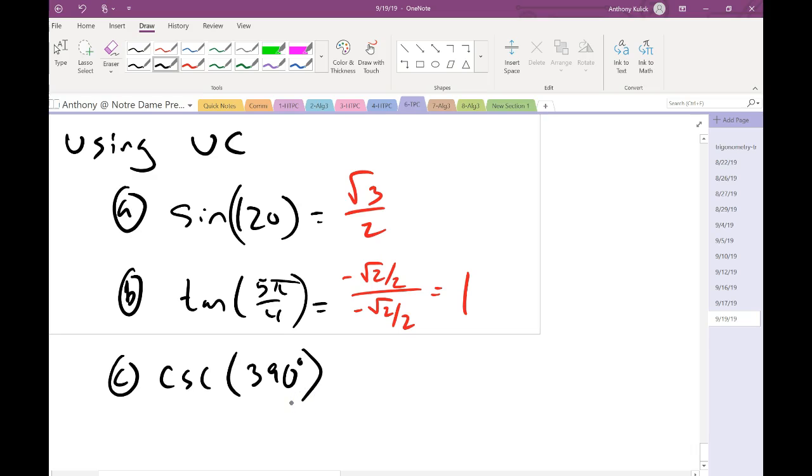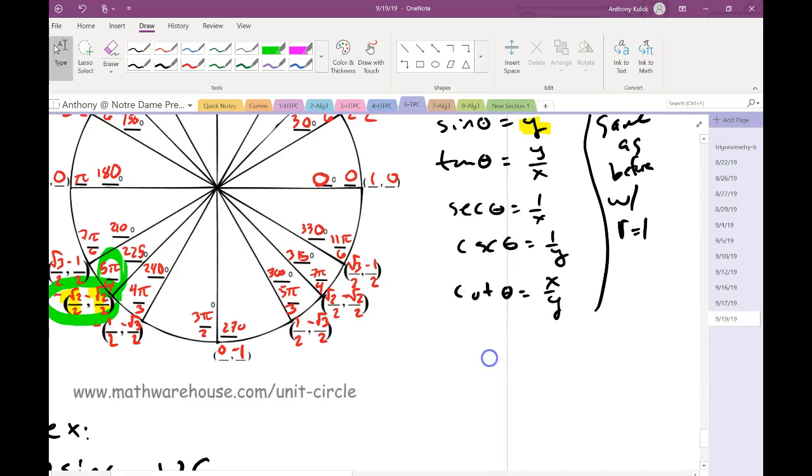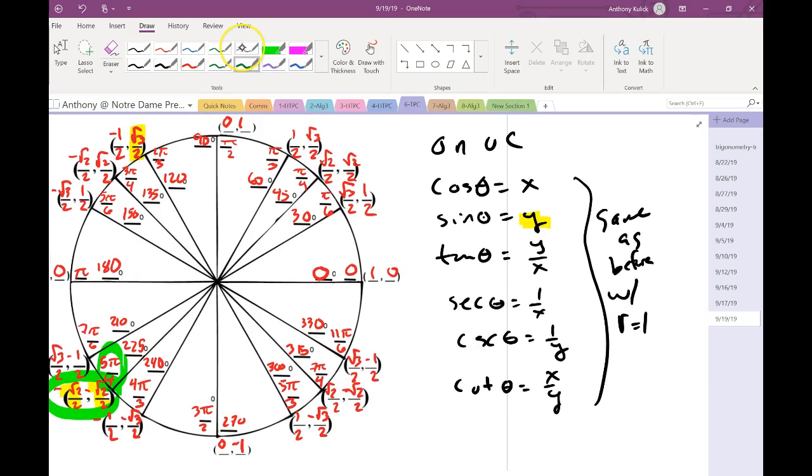What if I ask us to do the cosecant of 390? Notice 390 degrees is not one of the angles on my unit circle. However, if I try to draw the 390-degree angle: 90, 180, 270, 360, and then 30 more is 390, right? So I can just use 30 degrees, the angle that is coterminal to 390, to compute this.